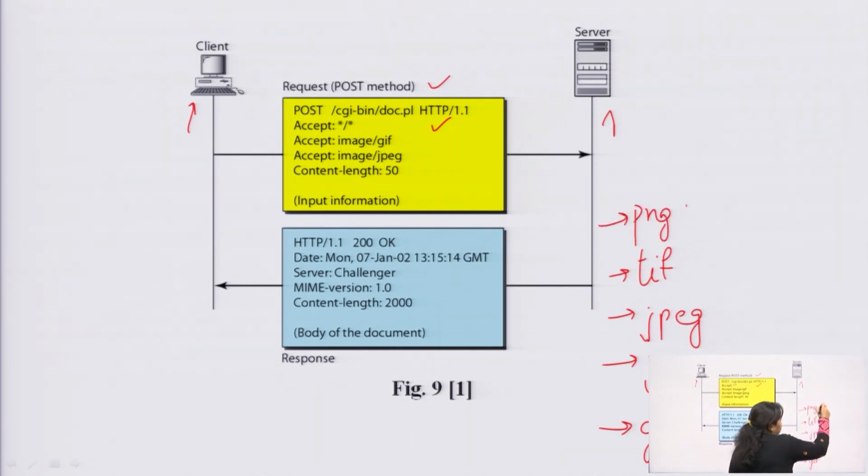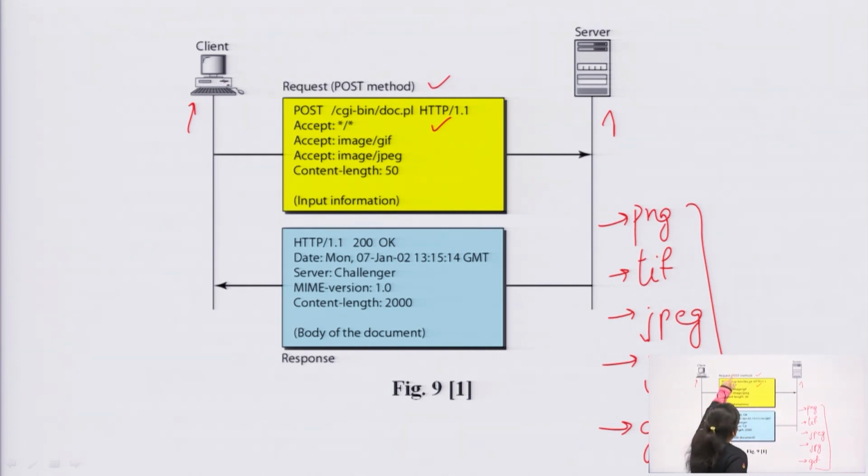So, these are some of the formats, mostly these are used. 5 formats are there in which any image will be described. So, here we are accepting any image name, and any star means any one of the formats will be acceptable.